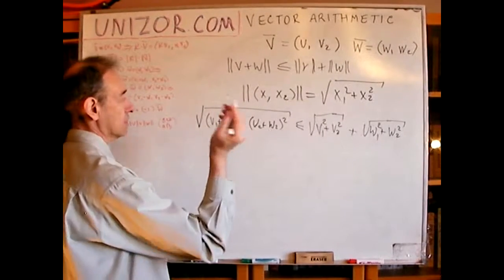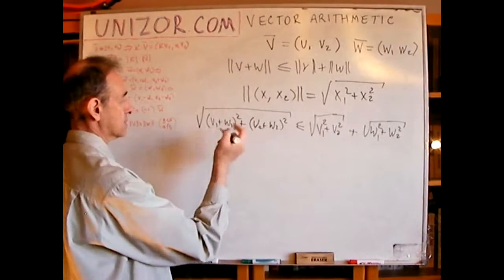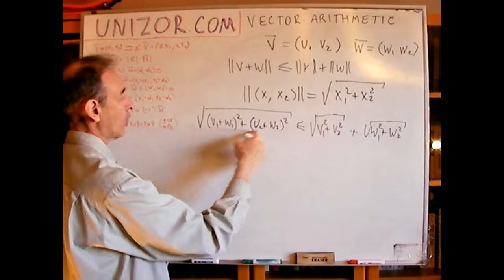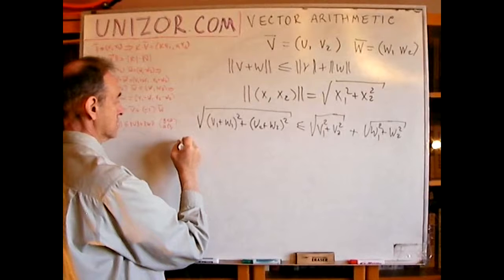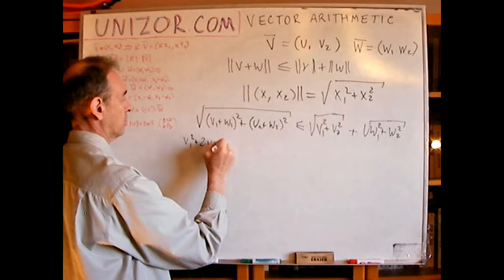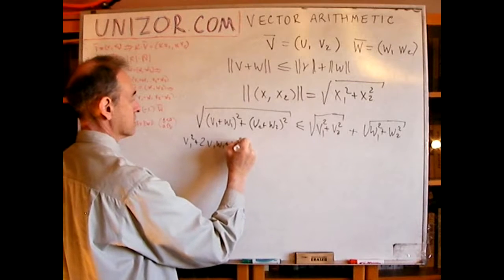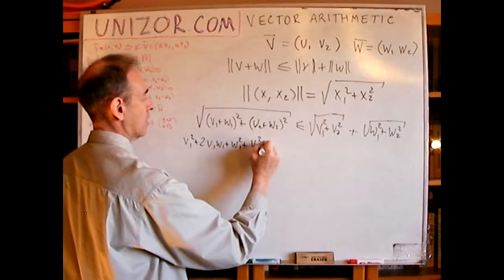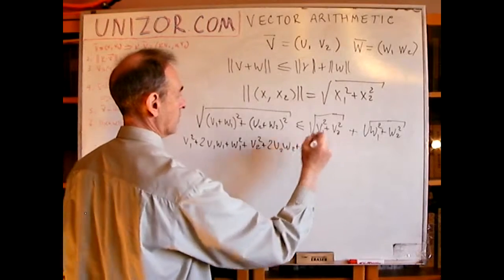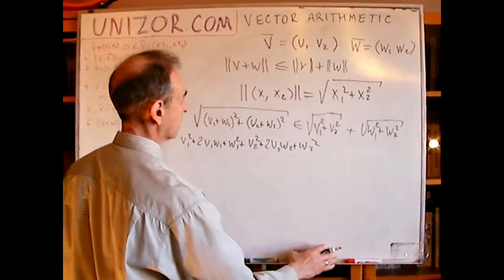All right, so let's square both sides. This square would be everything without the radical, obviously, and I will open up the parentheses. It will be v1 squared plus 2v1w1 plus w1 squared plus v2 squared plus 2v2w2 plus w2 squared. That's on the left.